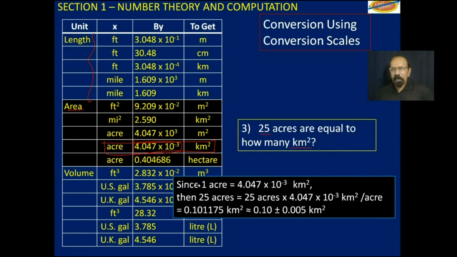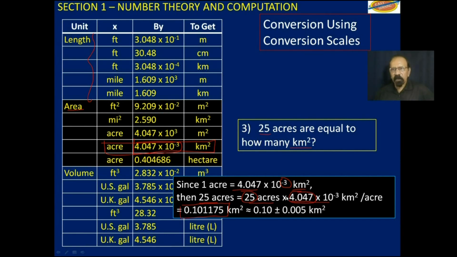Since 1 acre is equal to 4.047 exponent negative 3 square kilometer, then 25 acres would obviously be 25 multiplied by that conversion factor. And we get this answer here. Let's look at the significant figures. We have 2 significant figures here. We have 4 significant figures here.